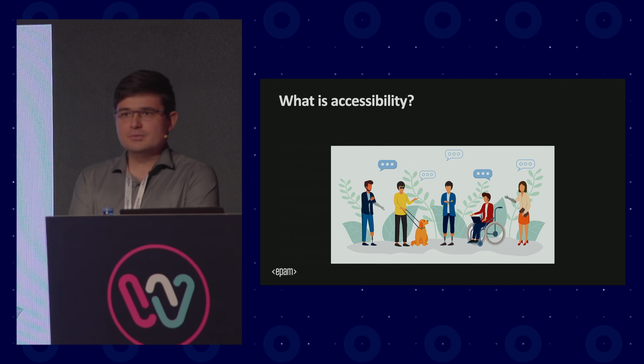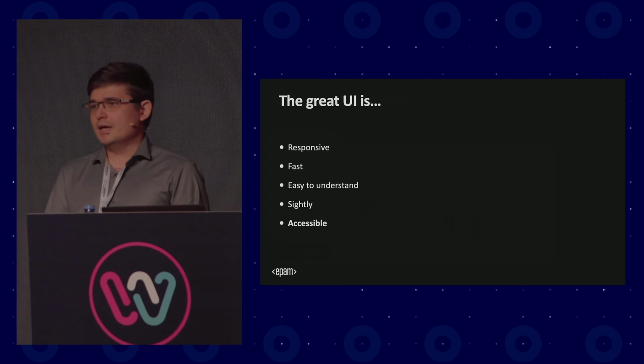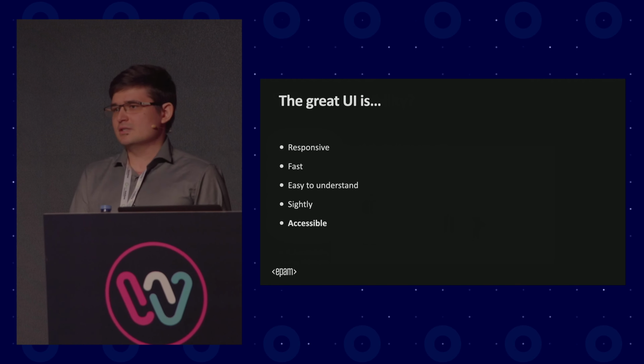So this is a conference all dedicated to great UIs. Let's think about what comes to mind when we hear the words great UI. Of course, it's responsive, fast, easy to understand, sightly, and last but not least and very important, it is accessible. Can we call our UI great if it's not accessible?